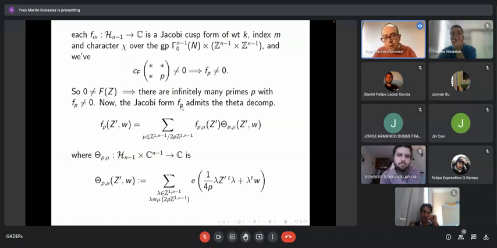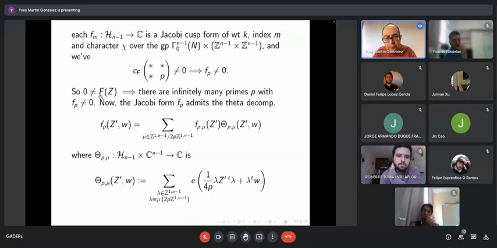Every Jacobi form can be decomposed as a sum of functions where they are a particular function that I call little f p sub mu and a theta function. The theta function is a classical theta function on the Siegel space, and it's given here.